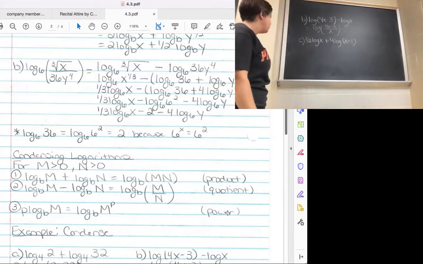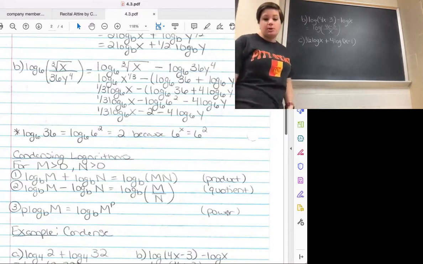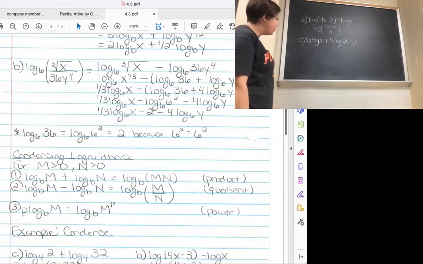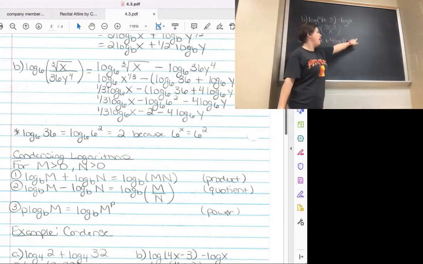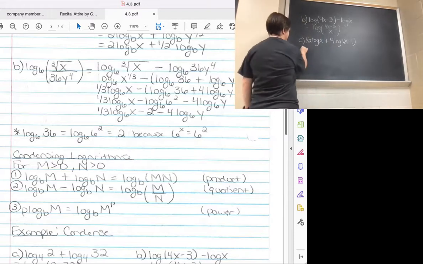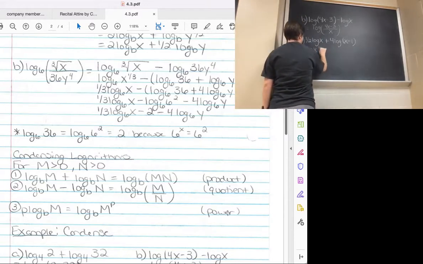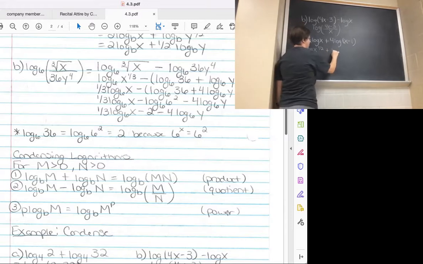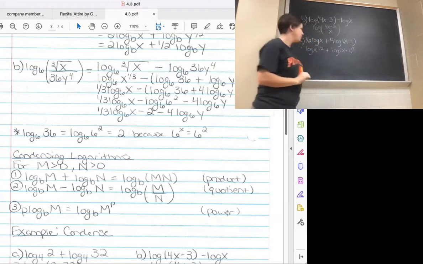C, we have 1/2 log x plus 4 log of x minus 1. First thing I'm going to do is use my power rule to bring these coefficients up as powers before I condense them further. So I'm going to have log base x of 1/2 plus log of x minus 1 to the 4th.